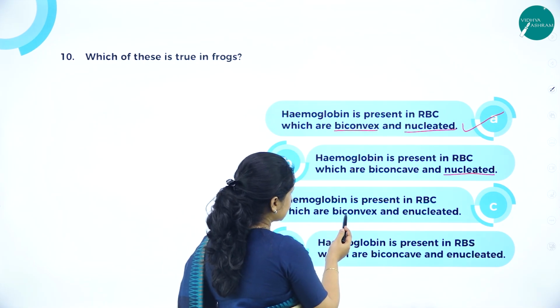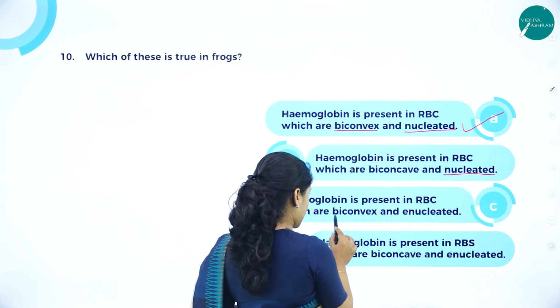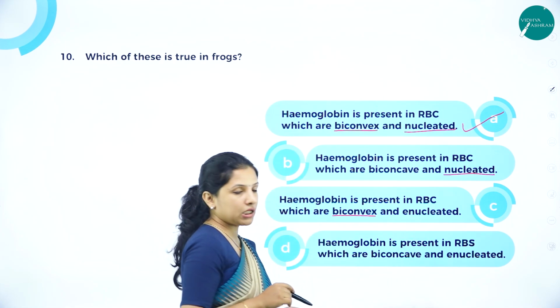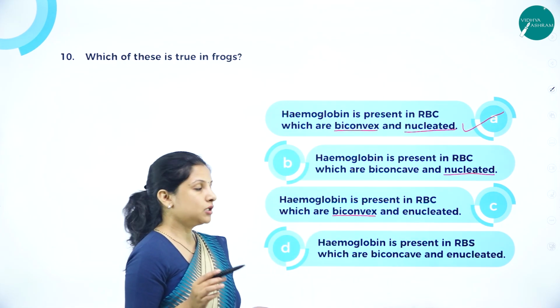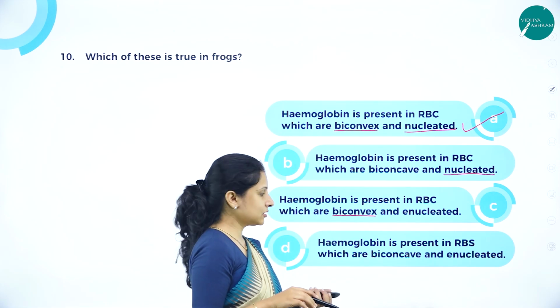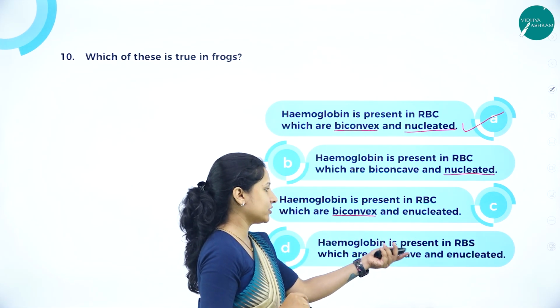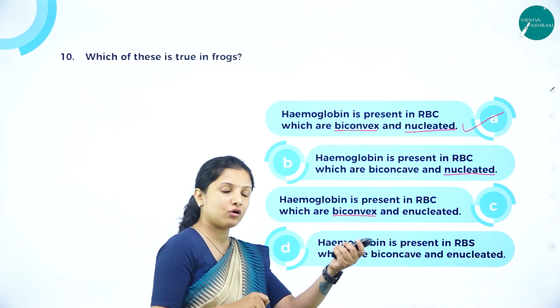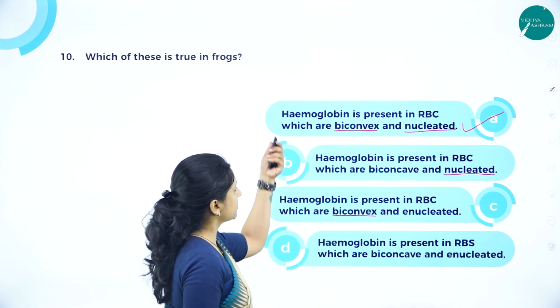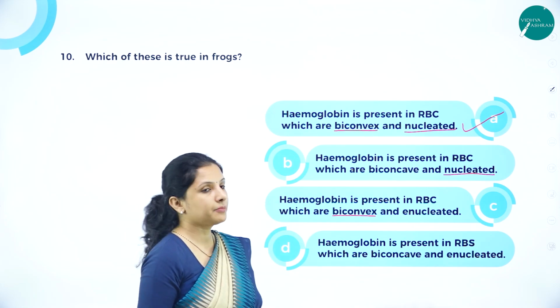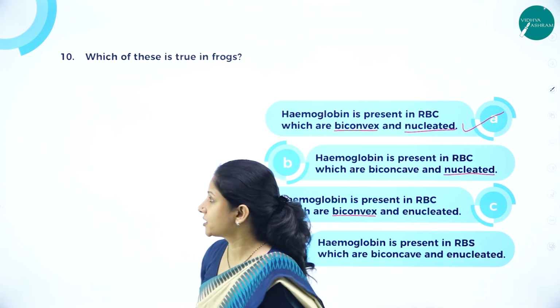Next, biconvex is correct, but enucleated means it doesn't have a nucleus, so no, it has a nucleus. This option is wrong. Next is biconcave and enucleated: both are wrong. So the right option here is option A, biconvex and nucleated.